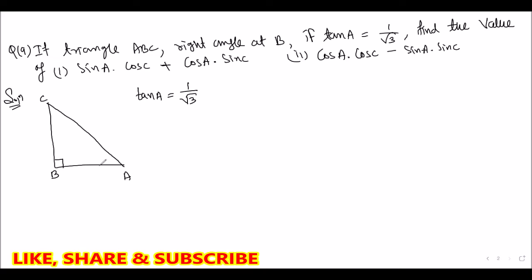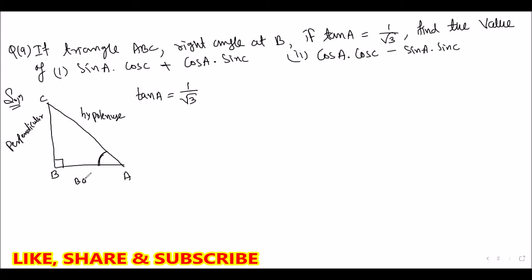If you are taking angle A, then AC is called the hypotenuse because it is opposite to 90 degrees, BC is called the perpendicular because it is opposite to angle A, and AB is the base.